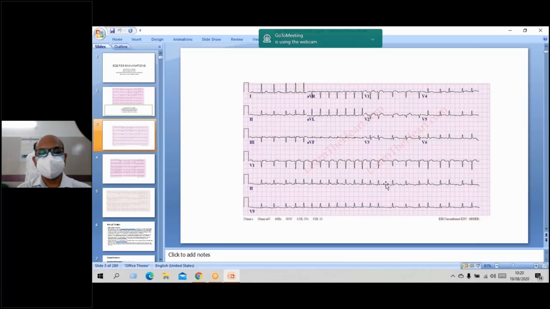So this one and this one are different. So it goes in favor of your diagnosis of atrial fibrillation because this ECG shows irregular rhythm as well as irregular volume. So those patients having irregular rhythm and volume goes in favor of atrial fibrillation.